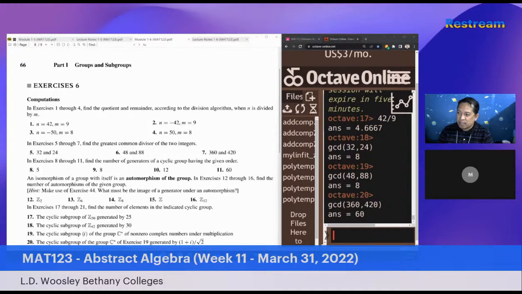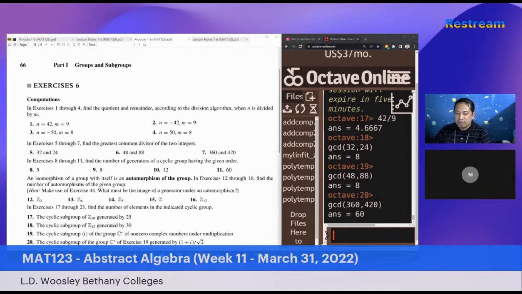For number 14, Z sub 8, again, we will look into some of the relatively prime numbers here. So what are the relative primes for Z8? Micaela, number 14. For Z8.